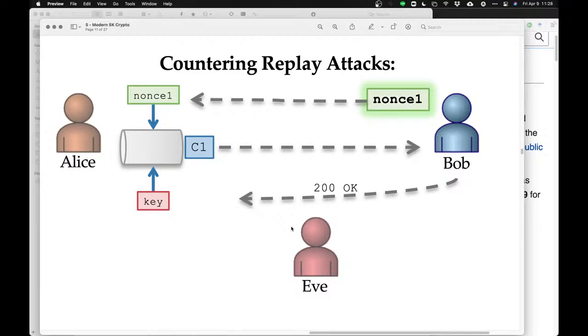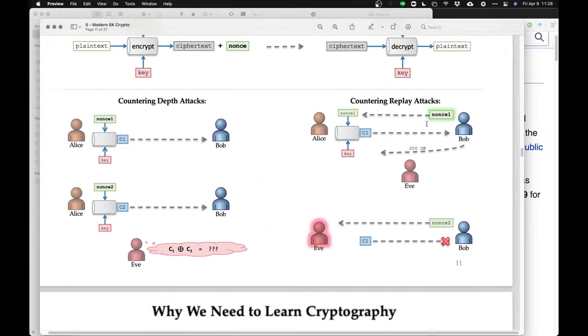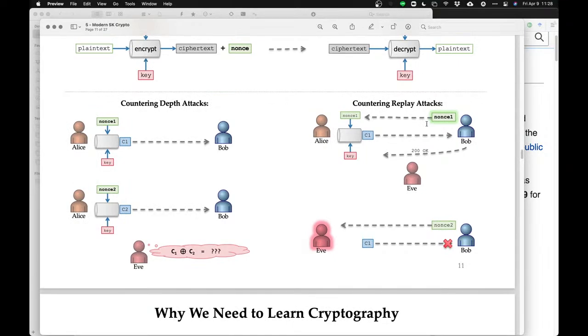If you were for any reason afraid of replay attacks, you would need either secret box or box because you would need to give it the nonce that it should use. The nonce presumably comes from the other side, from Bob. So it's to prevent replay attacks that we use secret box or box, because there you can provide it the nonce that you want to use. You wouldn't generate the nonce, it would probably come from somebody else.